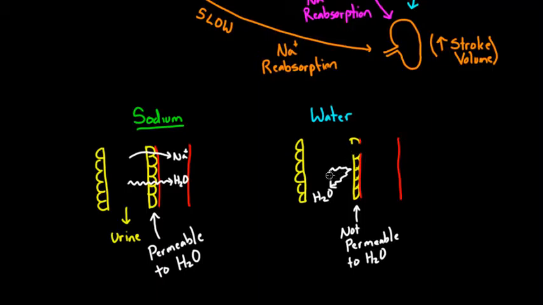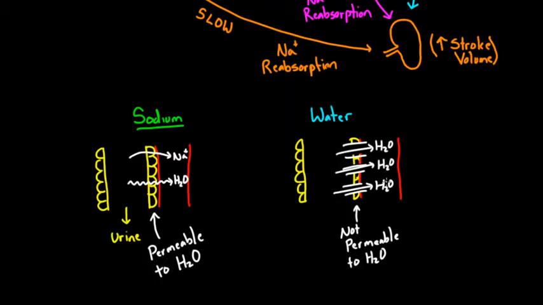Why not just create little channels? So that's exactly what happens: you create these little channels and water can just go through them. So basically you make it permeable by creating channels. And that's the better strategy for getting water in this case.